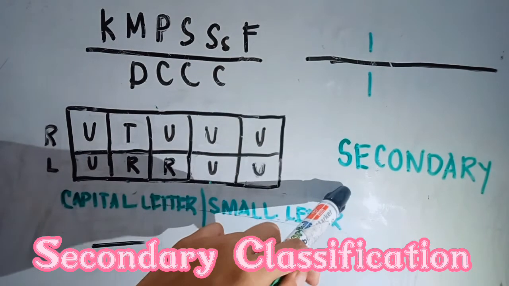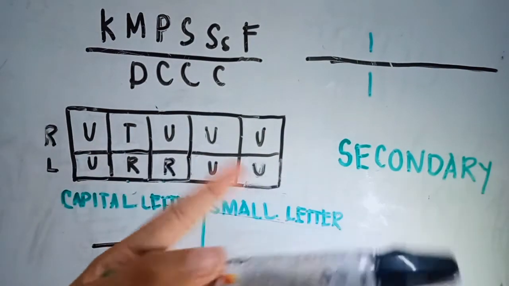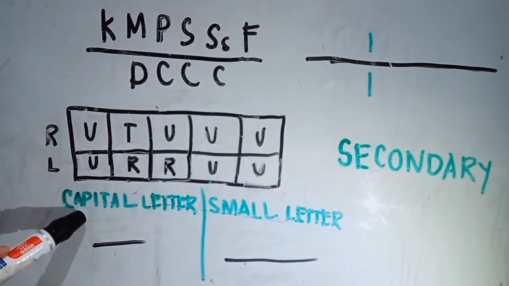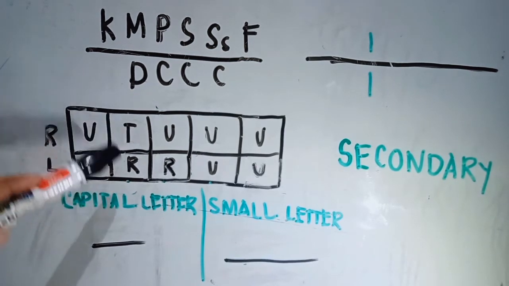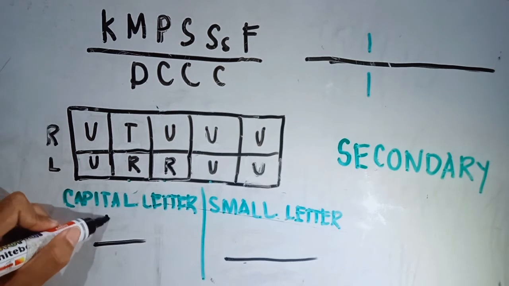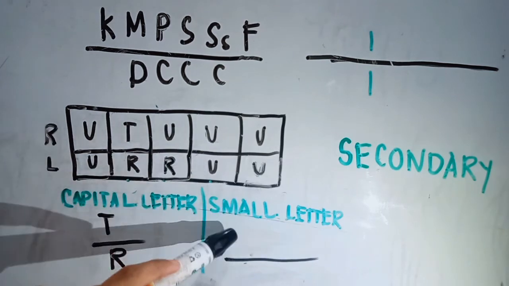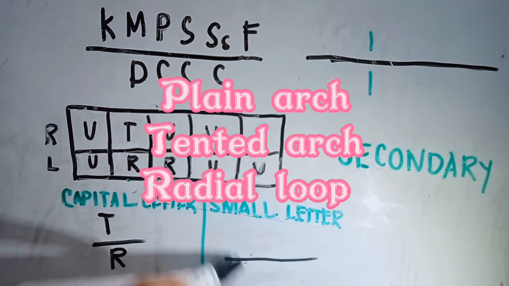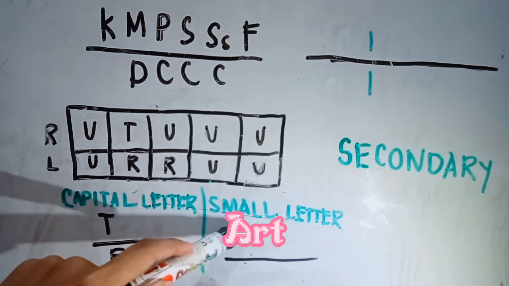The second one is the secondary classification. This classification is subdivided into two: the capital letter group and the small letter group. The capital letter group is represented by the two index fingers, with the right index as the numerator and the left index as the denominator. We should copy it in capital letter. The small letter group refers to three types of pattern only, namely the plain arc, tented arc, and radial loop, which is the small letter r symbol.